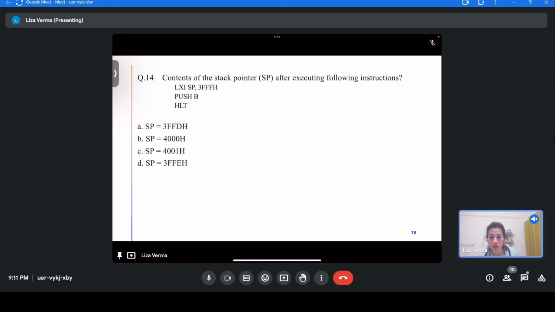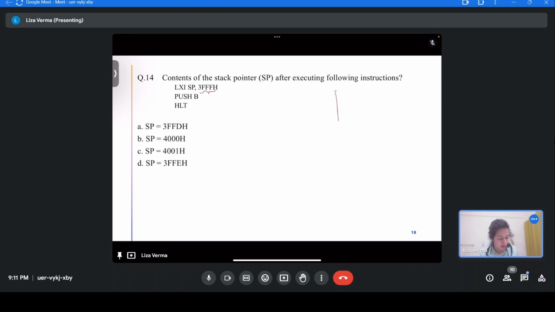Can you see the screen here? Contents of stack pointer after executing the following instructions will be. First of all, the stack pointer is initialized. LXI SP, 3FFF means the stack pointer will get this address.